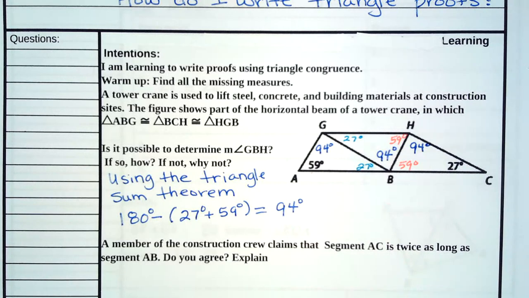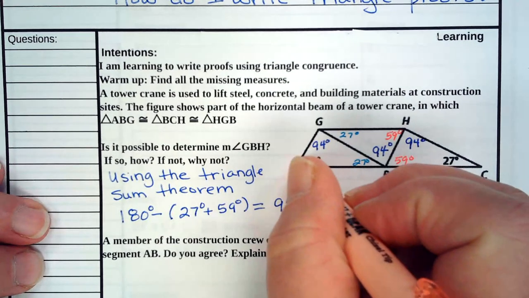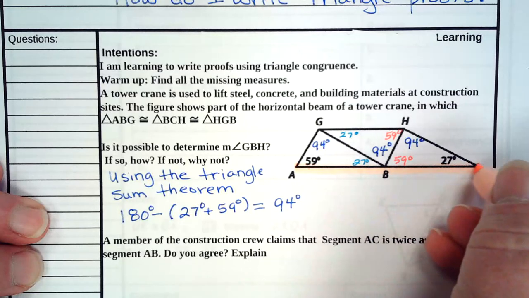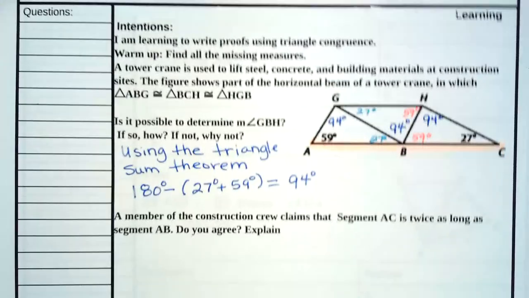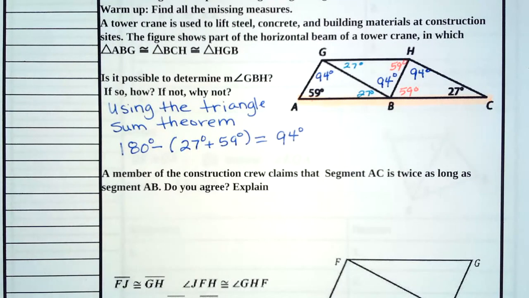Okay, a member of the construction crew claims that segment AC is twice as long as segment AB. Do you agree? Explain. Okay, I'm looking at segment AB and segment BC.